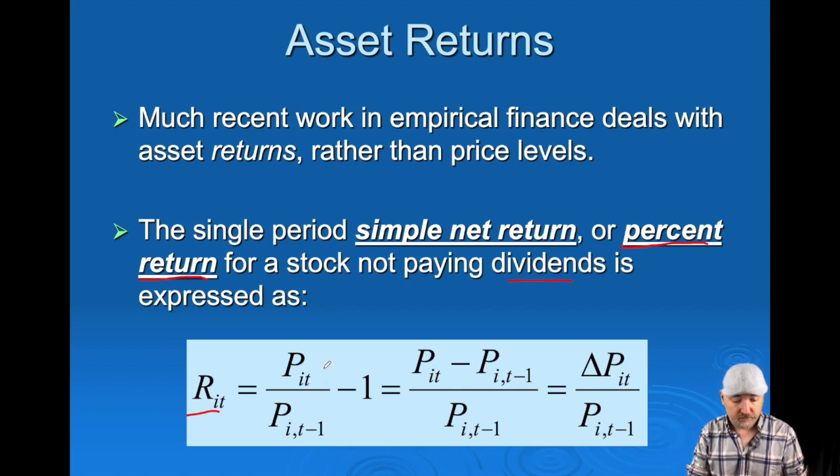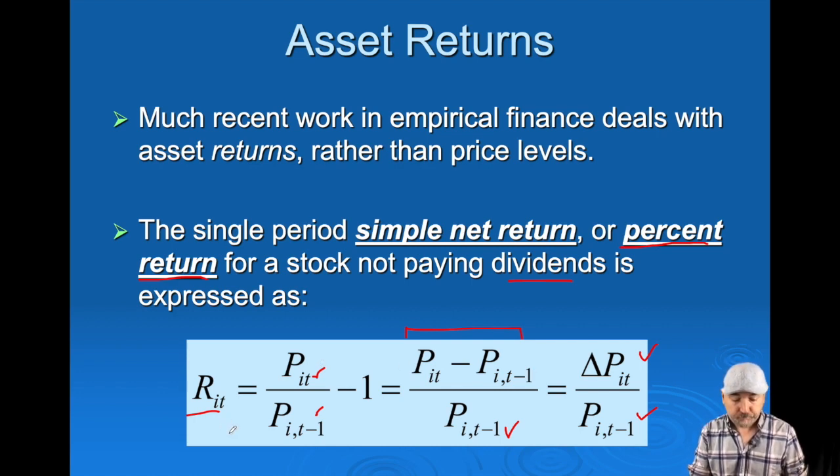We could write that as the ratio of the current to the lag, P i t versus P i t minus 1, which simplifies to what's probably easier to think of as just the change from yesterday, t minus 1, to today, relative to what the value was yesterday, or the difference over the lag of that price value. Note that this is the capital P, so this is without the log transformation.